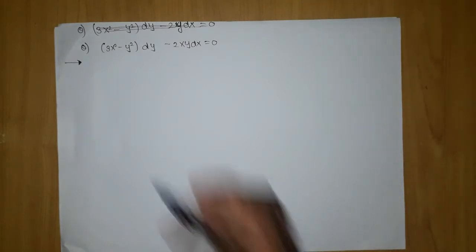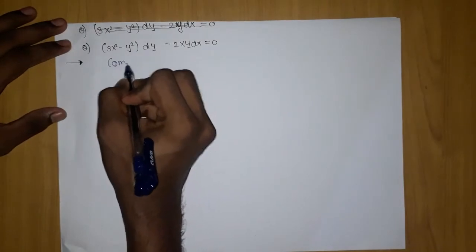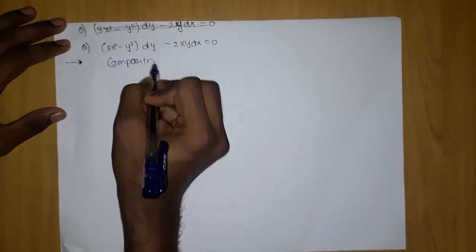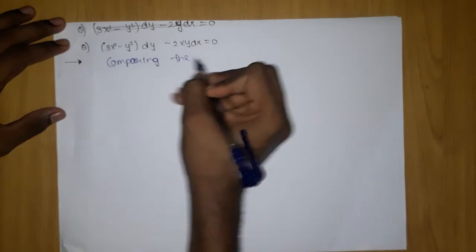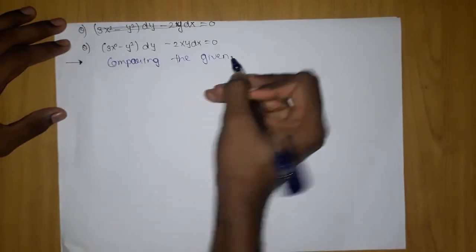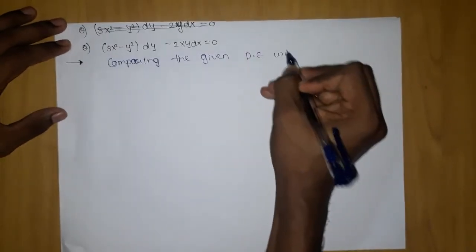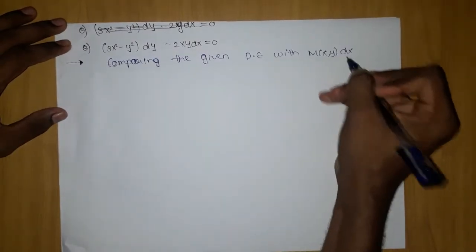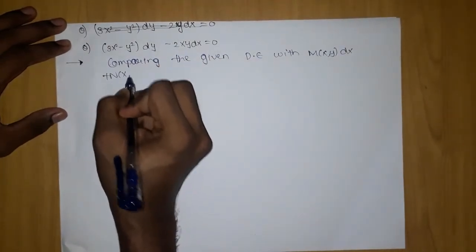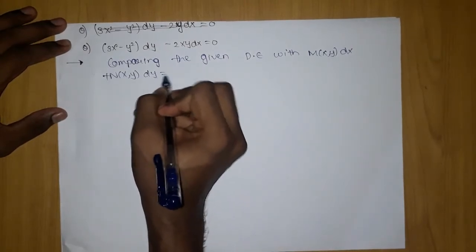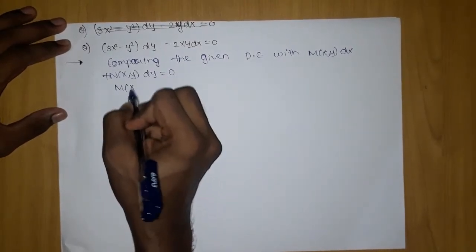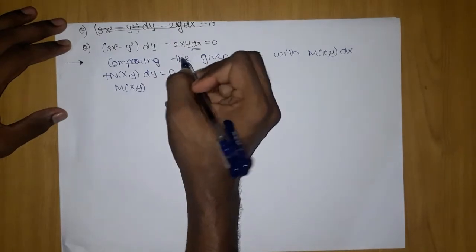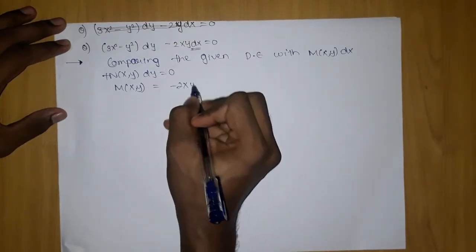So if we compare the given differential equation with M of x comma y dx plus N of x comma y dy equal to 0, what are you going to get? M of x comma y, check the dx attached part, which is minus 2xy.